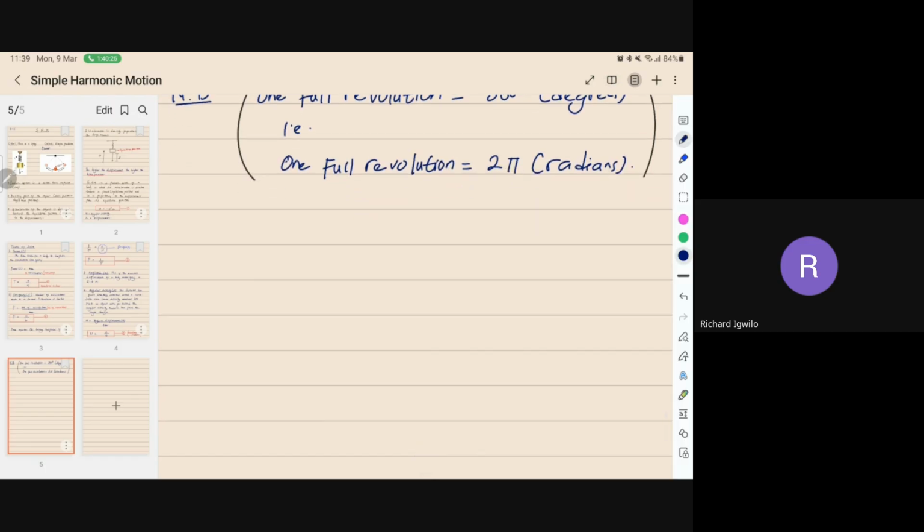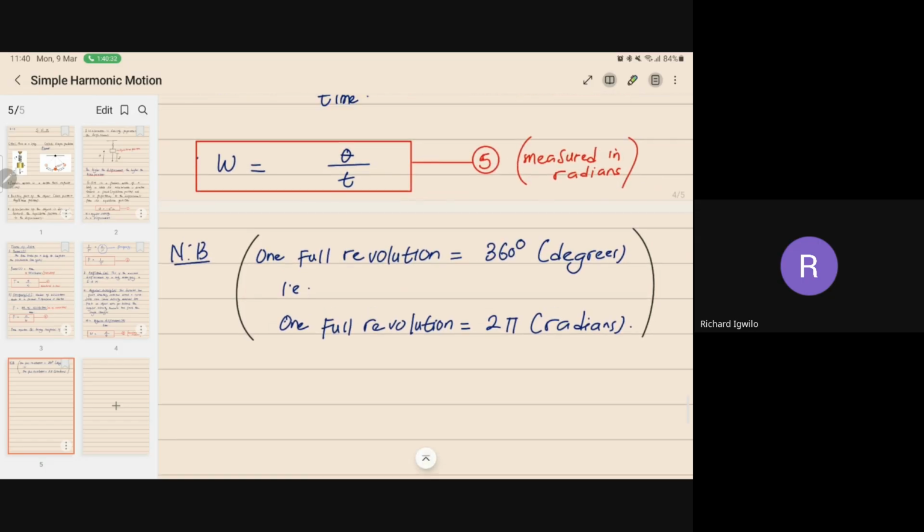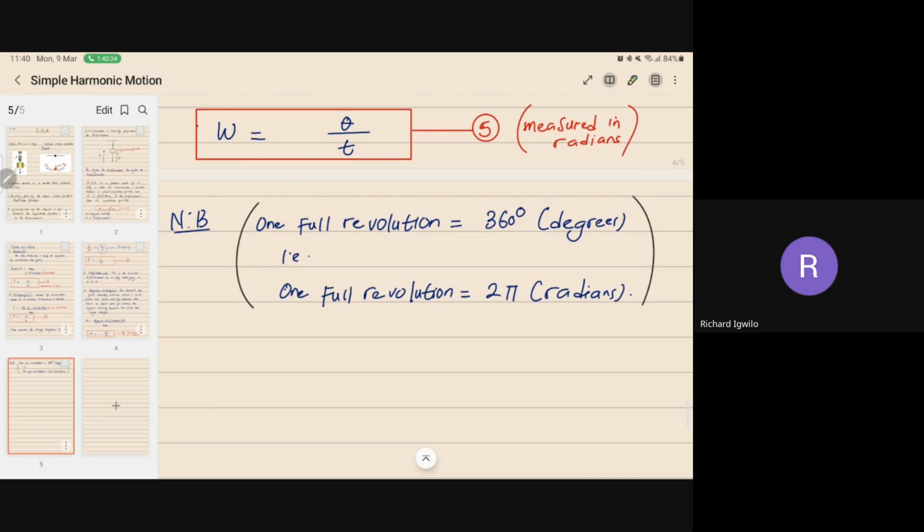Now, at this 360, it simply means that after one complete revolution, that's if I complete one cycle, you're going to have that theta.